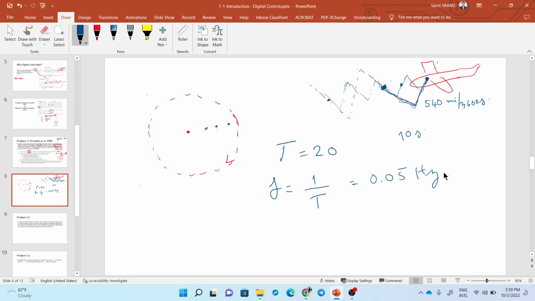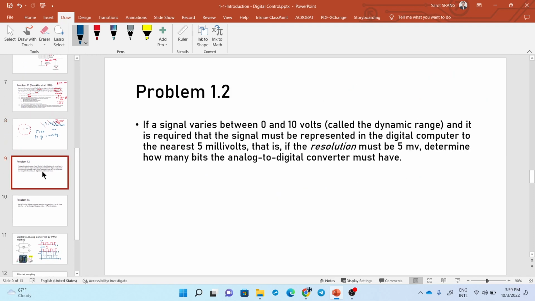Okay, so I mean you understand the terms sampling and frequency. Then let's move to the next problem. If a signal varies between 0 and 10 volts, and it is required that the signal must be represented in the digital computer to the nearest 5 millivolts, that is, the resolution must be 5 millivolts, determine how many bits the analog to digital converter must have.